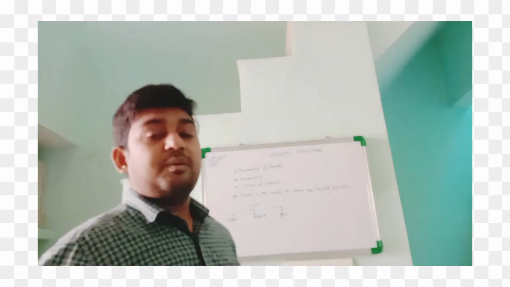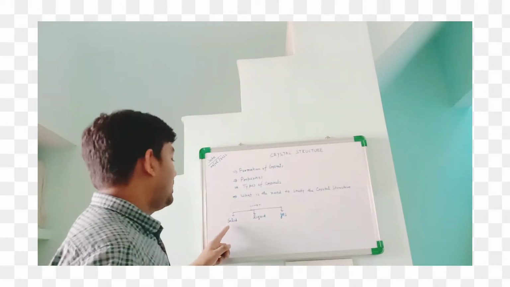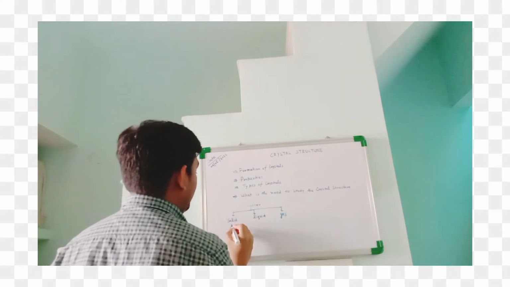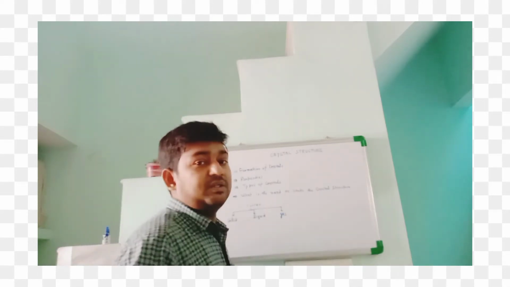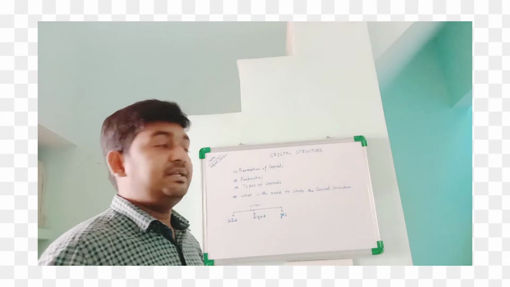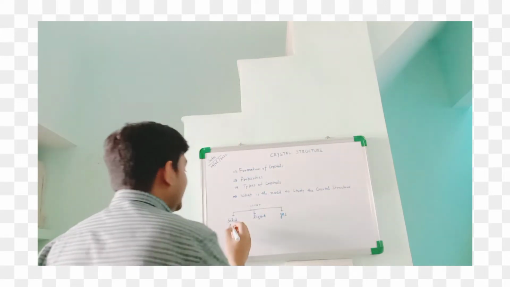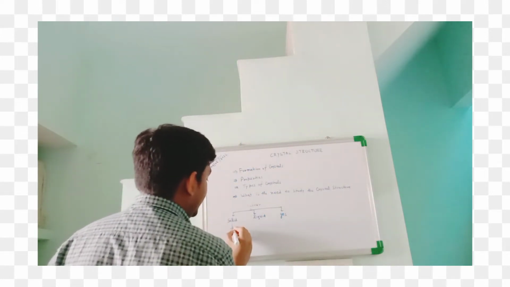But our main concern is about the solid materials, because most of the solid materials are crystalline in nature. So we know that the solid materials are those materials which consist of atoms that are fixed at their respective positions except lattice vibrations.